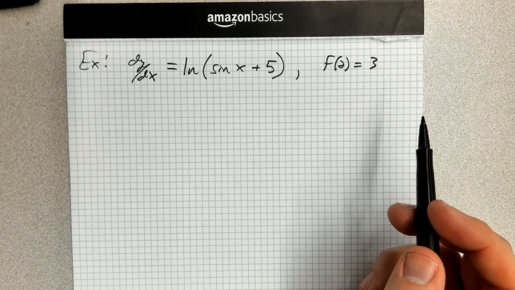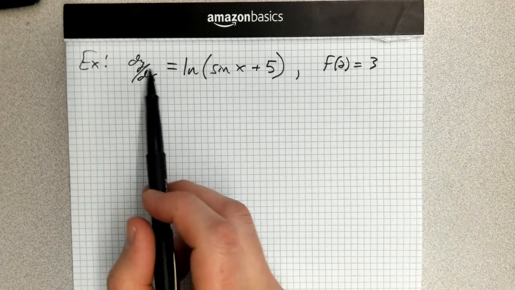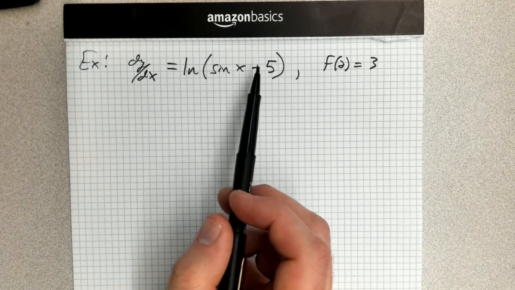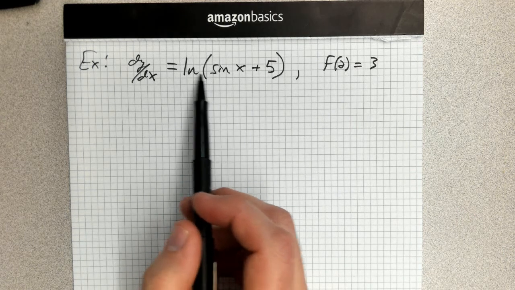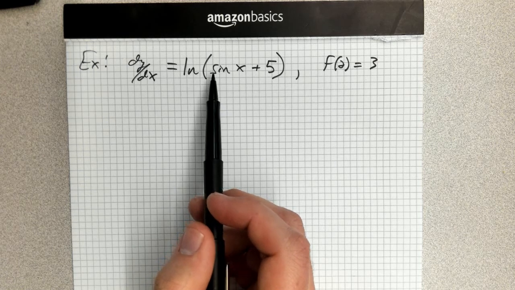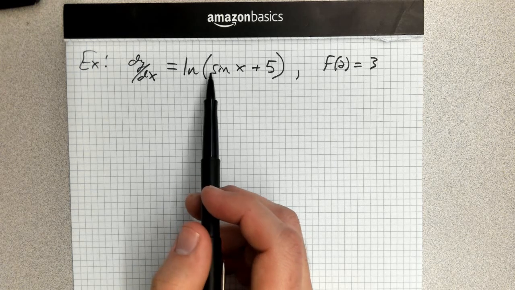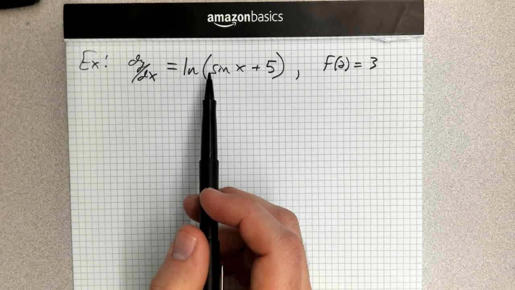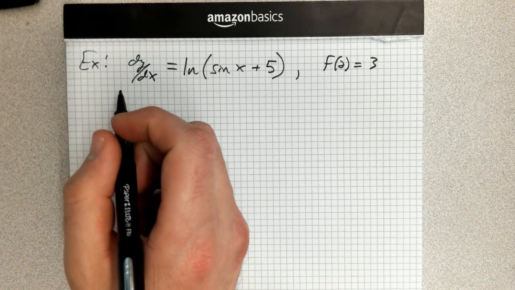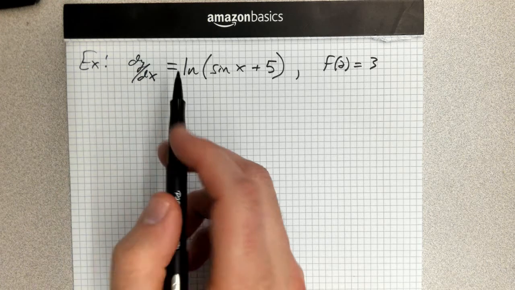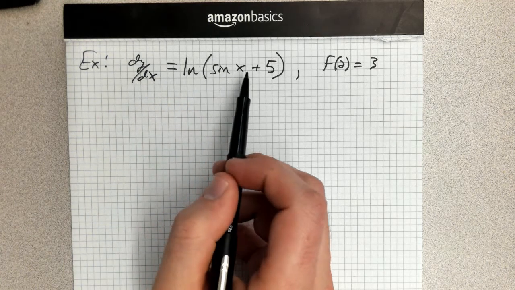So just to reiterate, trying to antiderive this would be nearly impossible. Like I said, you could use Wolfram Alpha, and it could probably generate the antiderivative. But for our purposes, it's basically impossible to do in the standard format that we learned in the fall. So we're going to use an area function to get the function whose derivative is natural log of sine x plus 5.